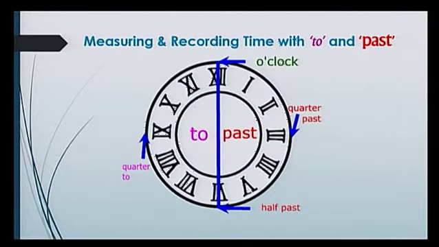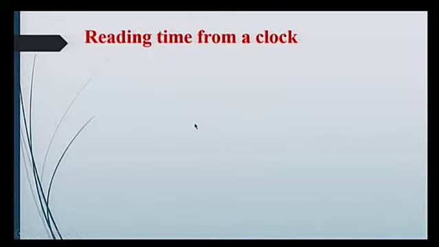Usually when we are going to learn about time, if the minute hand is on 12, it is o'clock. If it is on 6, we are going to use half past. Now for this half, we are going to use the notation past, and for this half, we are going to use to. So let us have a look at some examples.